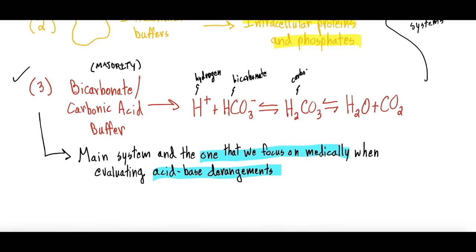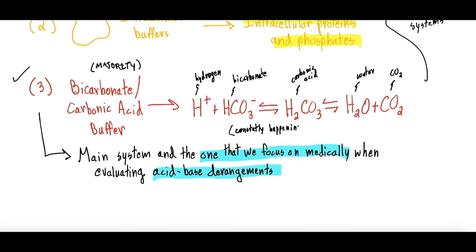And this H2CO3 is then broken down into water and CO2 that we can breathe off, carbon dioxide. So this is constantly happening all over the body. We're going to get into this equation much more in one of the future videos.